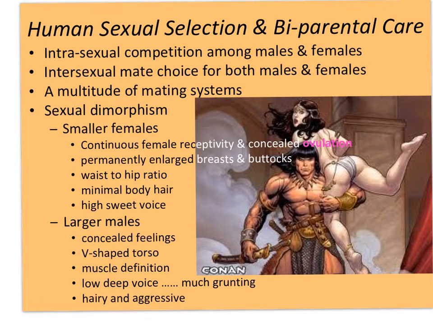Some females in here, do you like a low voice or do you like a higher voice? Low, okay. And, of course, they're hairy and aggressive. Okay. So, there's human sexual selection going on in this very room. There has been since the beginning of class. I'm sure people have been checking each other out. Okay? Who knows? Never mind.